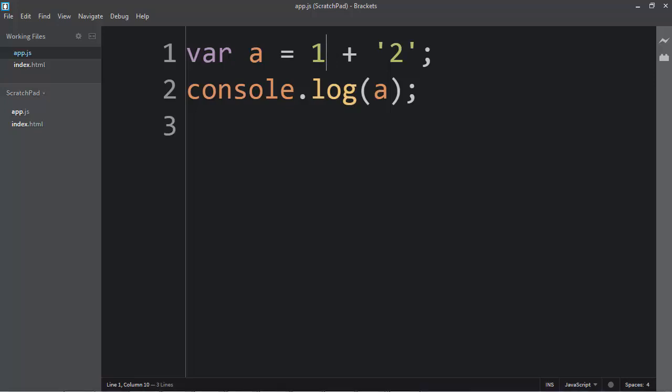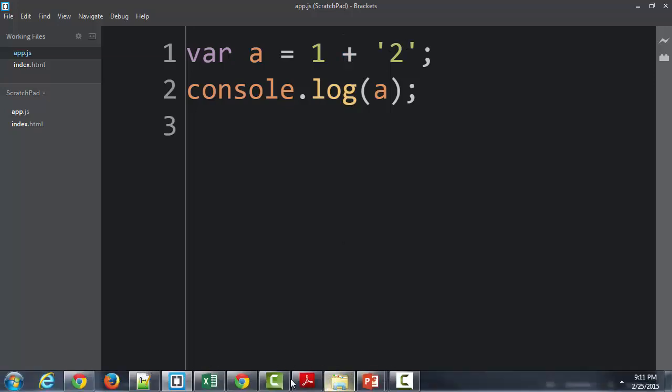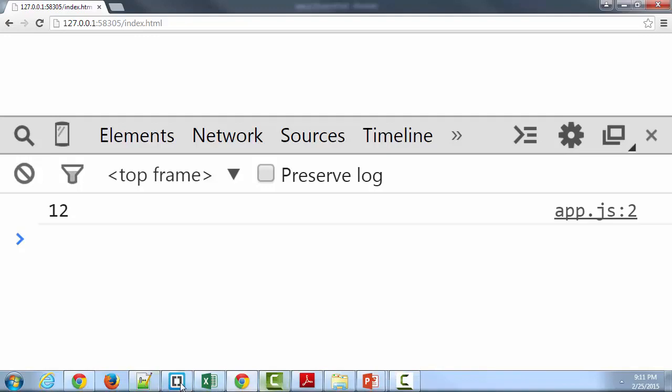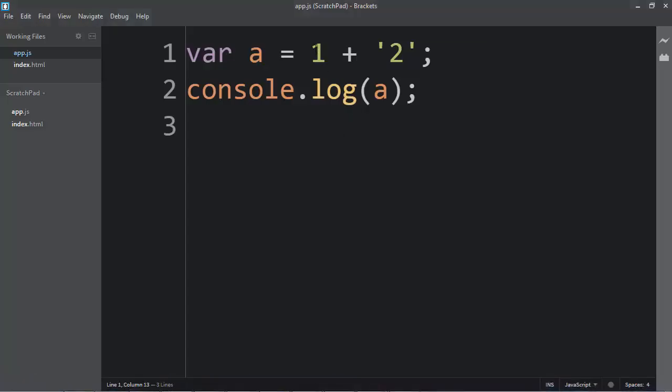Notice that I didn't ask JavaScript to coerce this value. I didn't type something here special that said convert this to a string value or something like that. I simply called the function with these two parameters, and when the function ran, it chose to coerce my value instead of giving me an error, which is what some other programming languages would do.